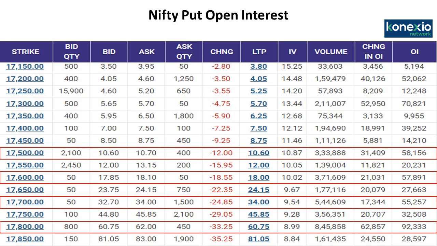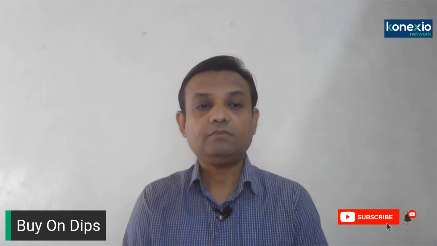So at this juncture, on the downside, 17,700 could act as a major support. So if there is any kind of pullback, traders should try to build long position between 17,750 and 17,700 on the downside. So most probably we feel that the trend is bullish. Any dips would be just a time correction, and that should be used as a buying opportunity.